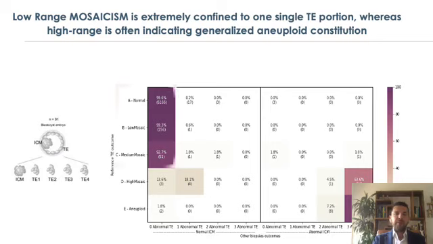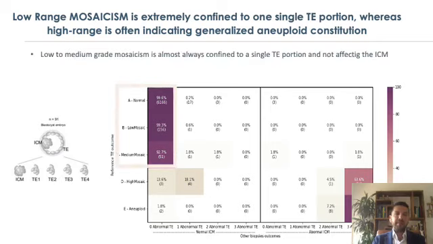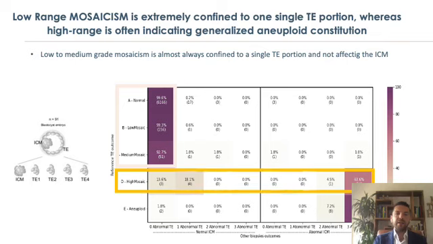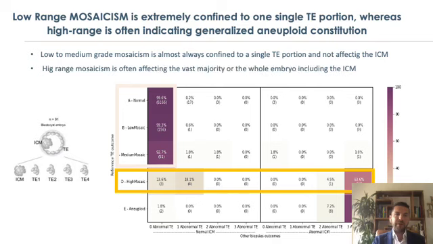We found that the low and medium mosaic embryos were almost always confined to a single trophectoderm portion, not affecting the ICM, while the high-range mosaicism, the ones above 50% of chromosome copy number value, often affected the vast majority or the whole embryo, including the ICM.